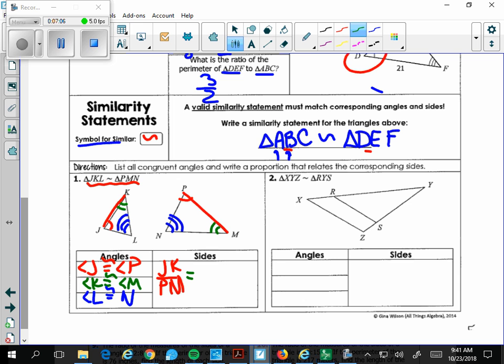So I'm going to say JK to PM is the same as KL to MN, which is the same as JL to PN.